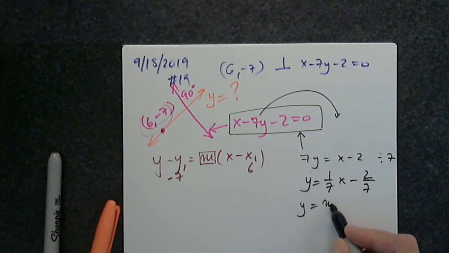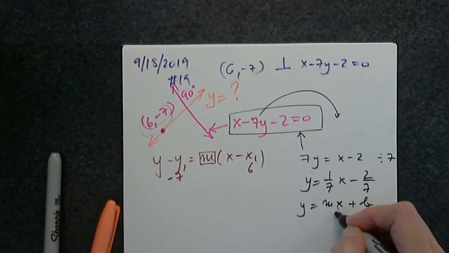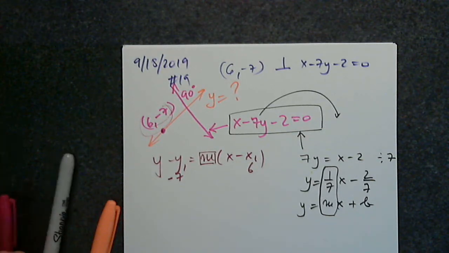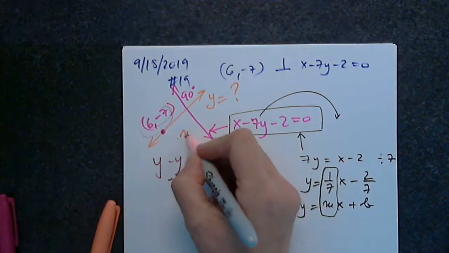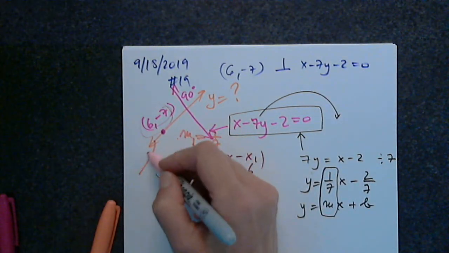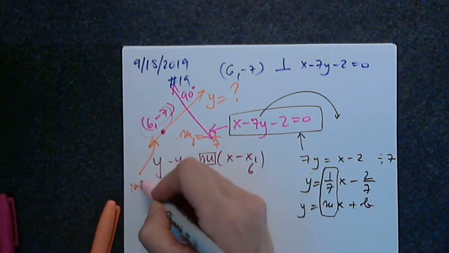And if I compare this to mx plus b, I know that the slope of the given line is 1 over 7. If the slope 1, let's call it m1, is 1 over 7, what will be the slope of this line that I'm really interested in?